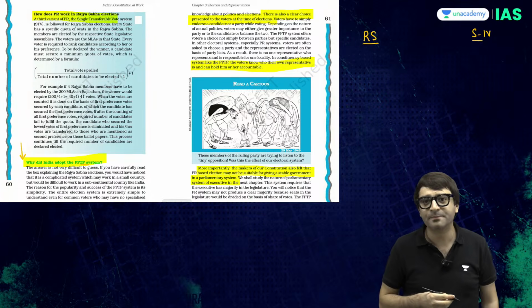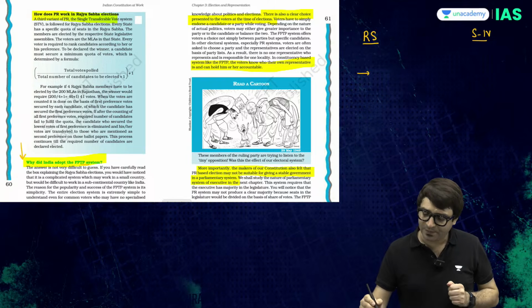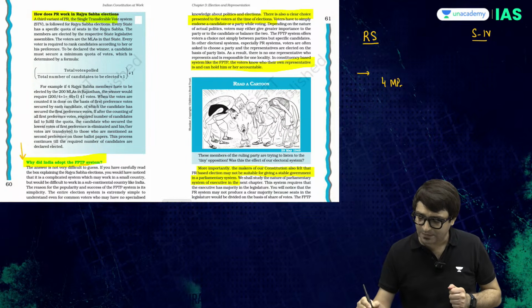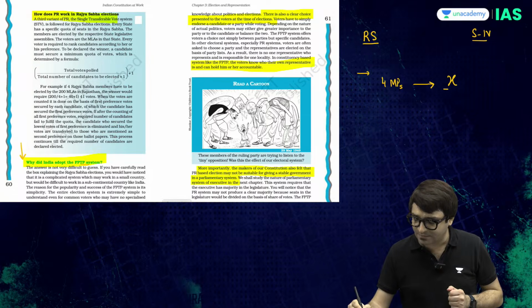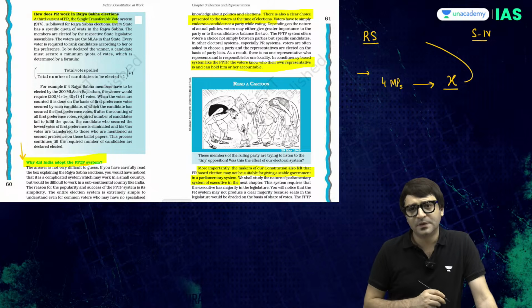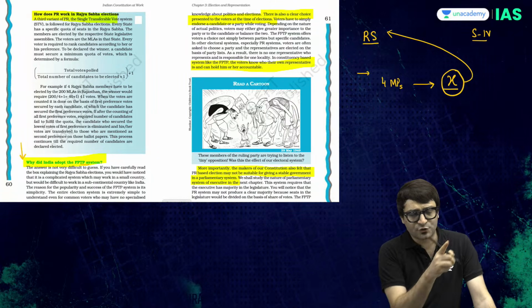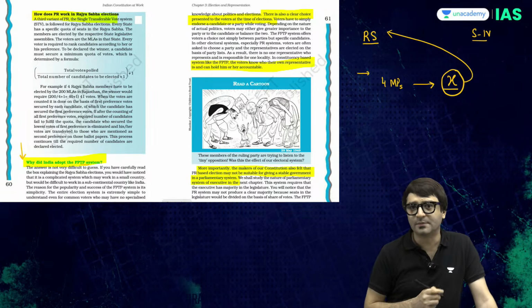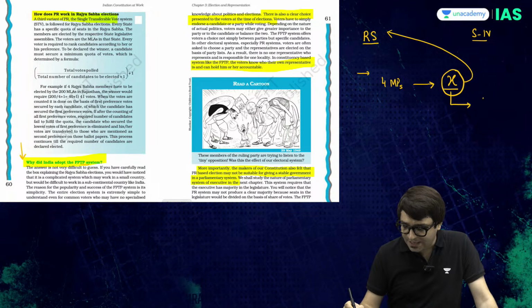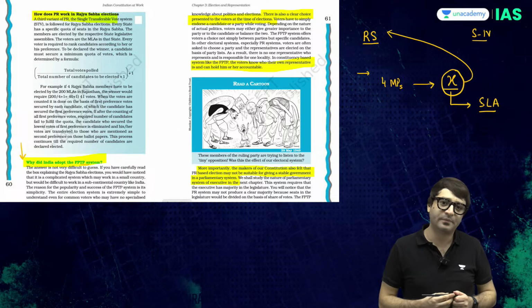What is that variant? Let's say, hypothetically, we have to elect 4 MPs from the state X to Rajya Sabha. So there is a state X. From this state, we have to select 4 MPs to Rajya Sabha. But the state will have a legislative assembly, because every state has a legislative assembly.